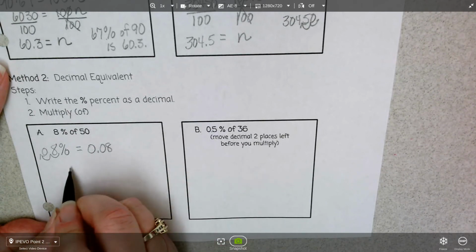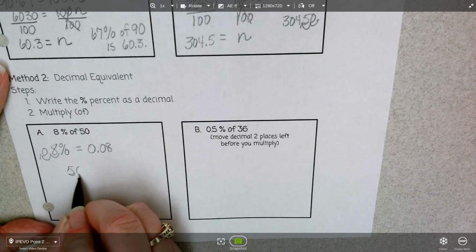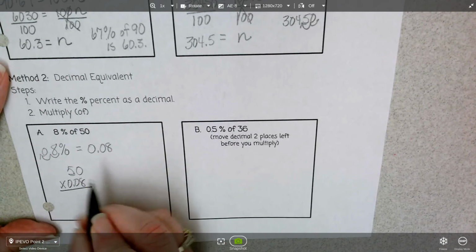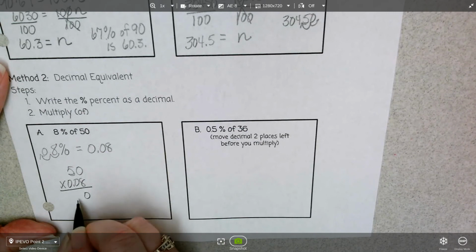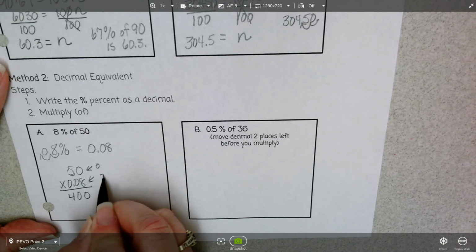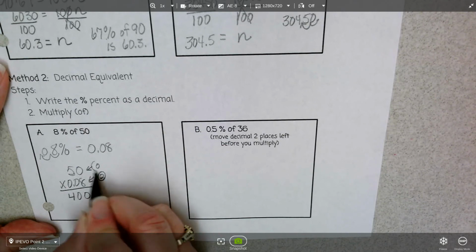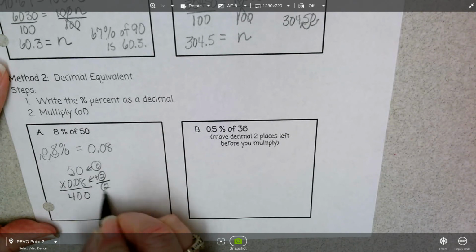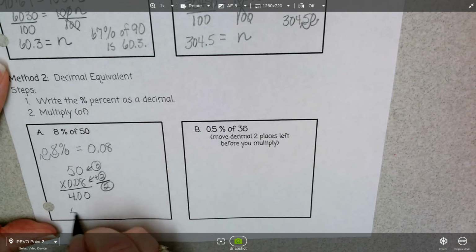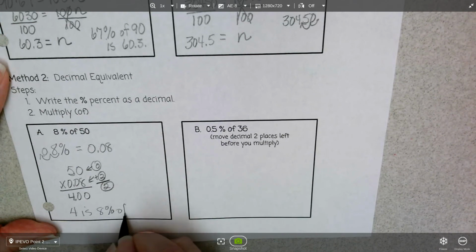So we can multiply 50 times 8/100. 8 times 0 is 0. 8 times 5 is 40. No places behind the decimal here, 2 here, and we have 2 in our answer. So our answer there is 4 is 8% of 50.